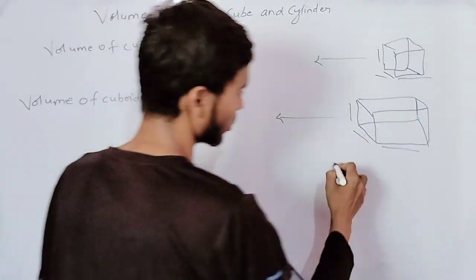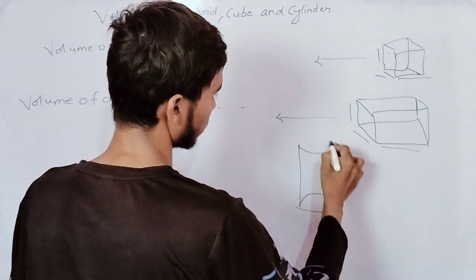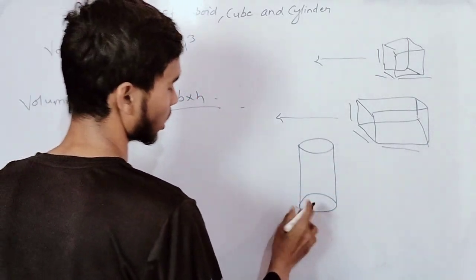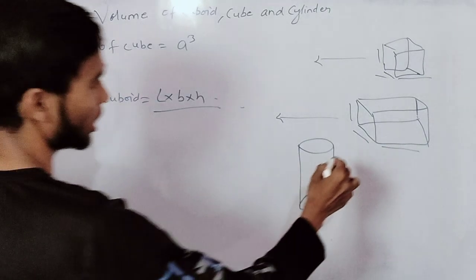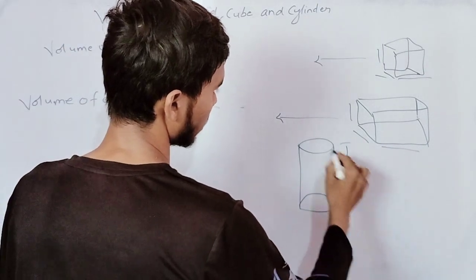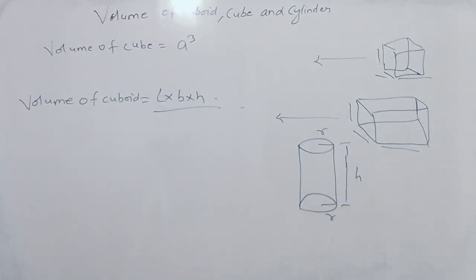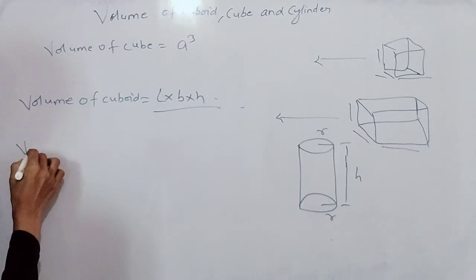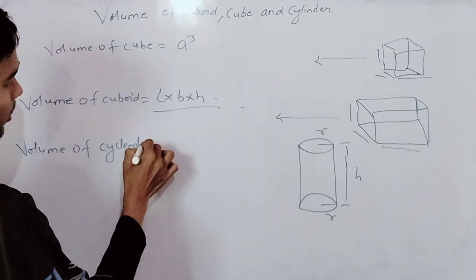Now next, cylinder. This is a cylinder. Here we have two circles. So what would the volume of a cylinder be? This is the height, and this is a radius, and this is a radius. We have two radii. So 2 pi r h. I think this is 2 pi r h. Volume of a cylinder would be what?